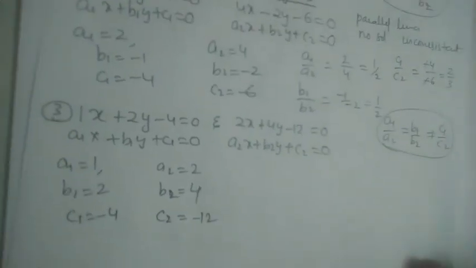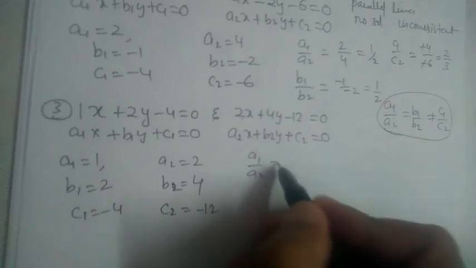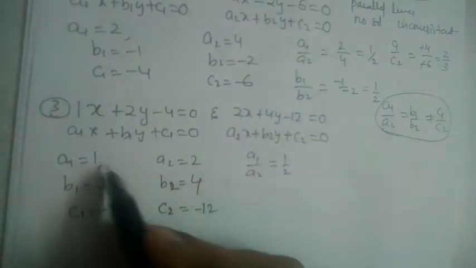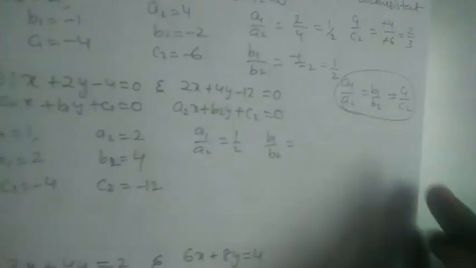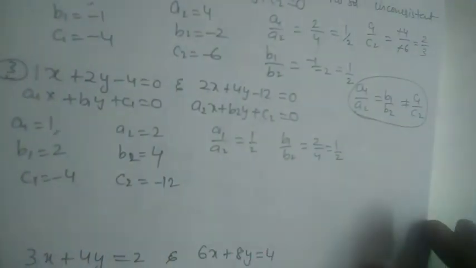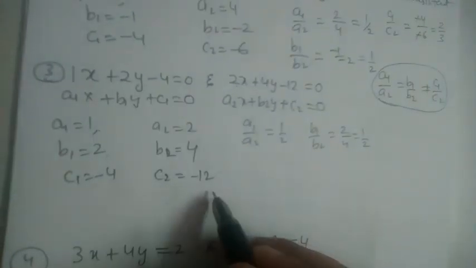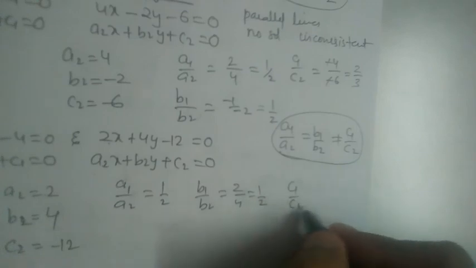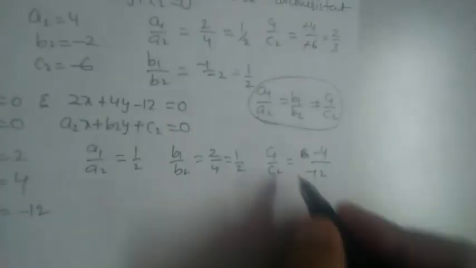Okay, let us find the ratios of coefficients. a1 divided by a2, 1 by 2. b1 divided by b2, 2 by 4. This is also equal to 1 by 2. c1 divided by c2, minus 4 divided by minus 12.